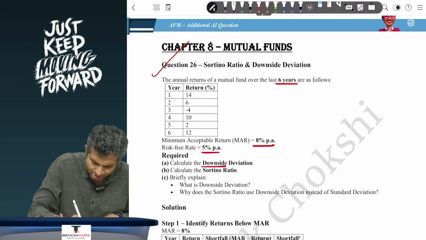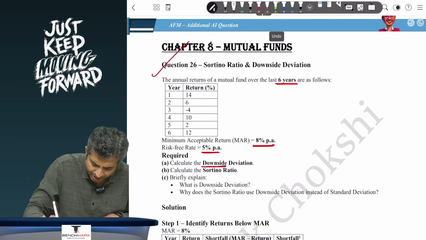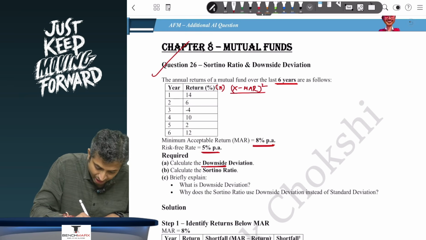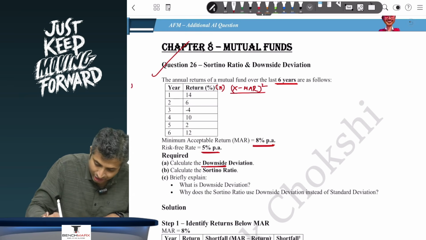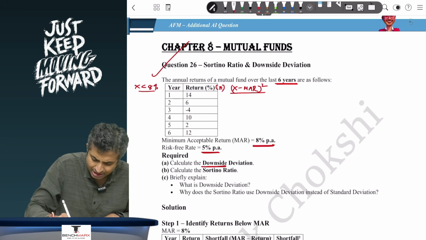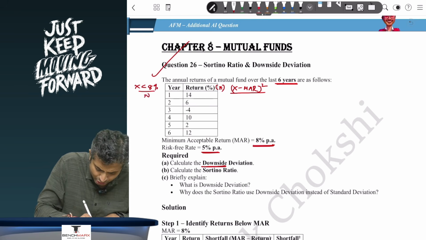So if I have to look at the downside deviation, let's say I call this x, I will take x minus MAR, the whole square, the minimum acceptable return. First of all, I'll have to figure out whether your actual return is less than 8%. If your actual return is less than 8%, in this case, no. In this case, yes. In this case, yes.